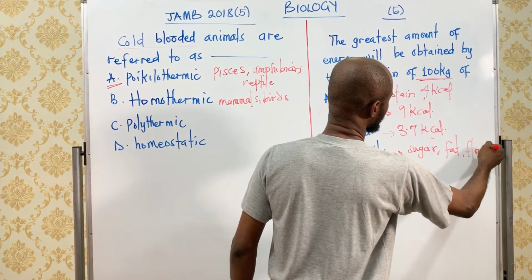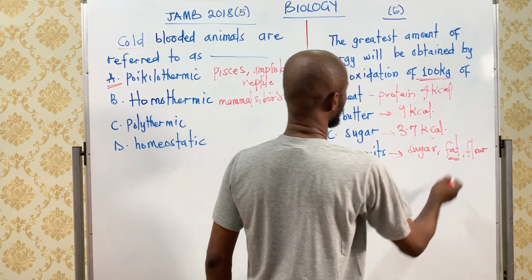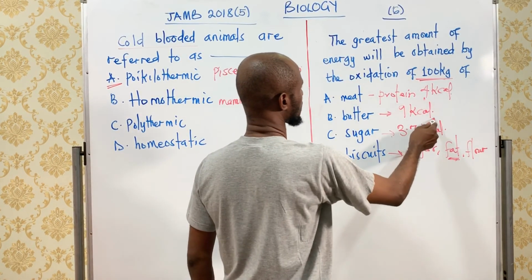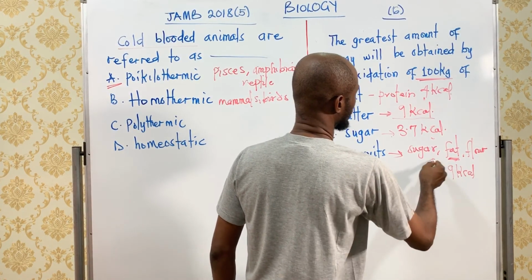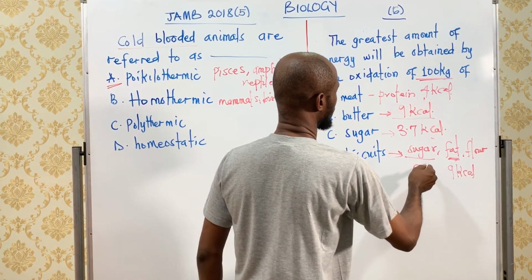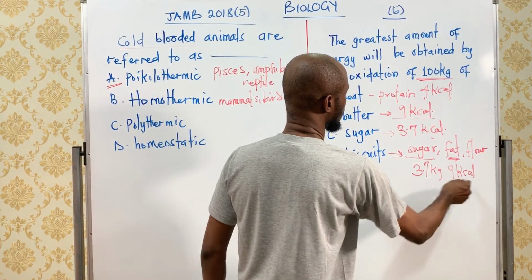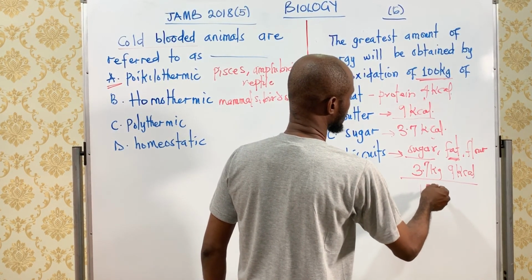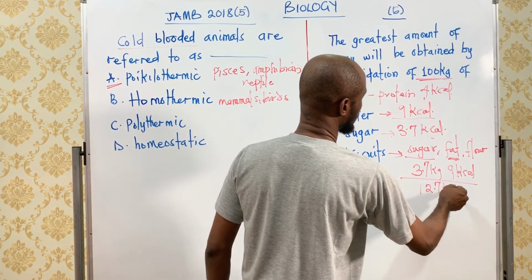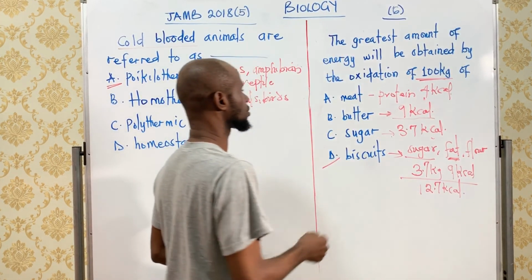When you add the fats here, it's going to give you about 9 kilocalorie, plus sugar about 3.7 kilocalorie. When you add this together, it's going to give you about 12.7 kilocalorie of energy. So the answer is biscuits.